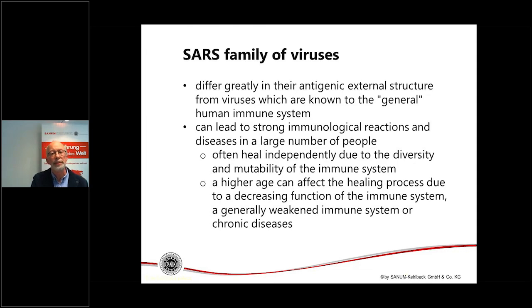The course of the disease is individually different, and here the age of the patient also plays an important role. At a higher age, the function of the immune system decreases, but also a generally weakened immune system or chronic diseases can affect the healing process.